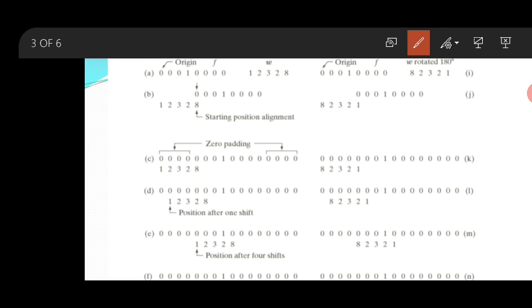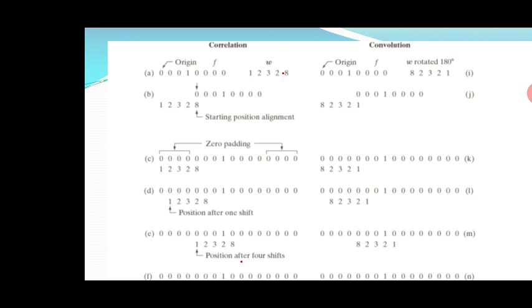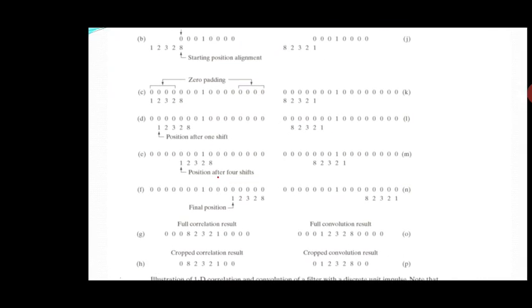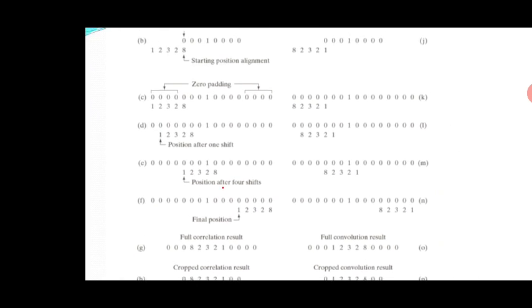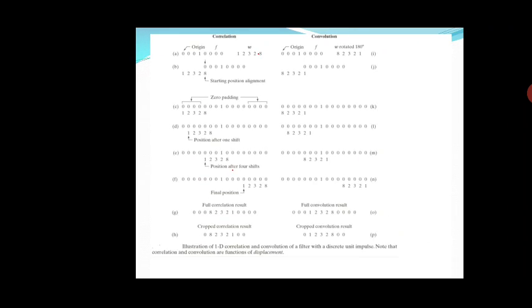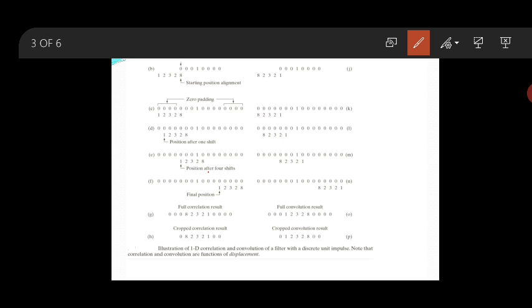Again, you shift 1 bit right. When you shift 1 bit right, now this is 1 here, and 8 will be at this point. Again you shift here, which means 8 goes to the next bit, in the second position.